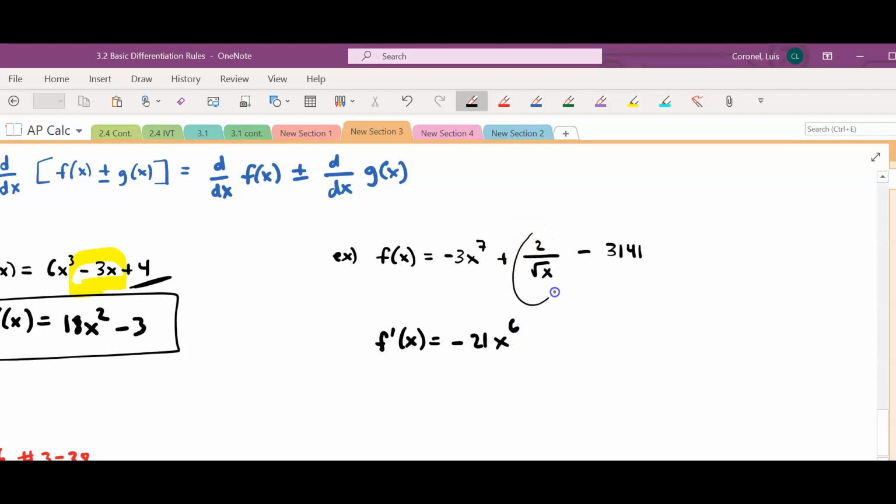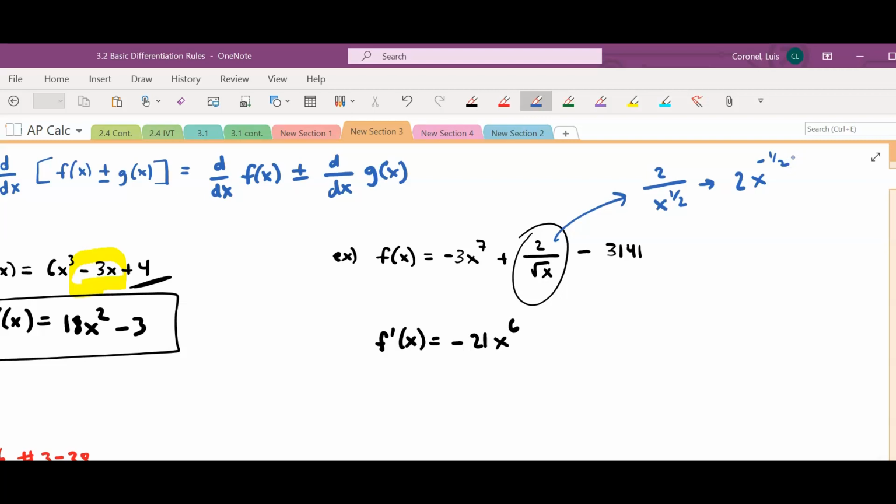Alright, here, let's rewrite this so that way we can take the derivative. So I'm going to rewrite this over here. It's going to be 2 over x to the 1/2, which becomes 2x to the negative 1/2. So when I do the derivative of that fraction, I'm really doing the derivative of the power.